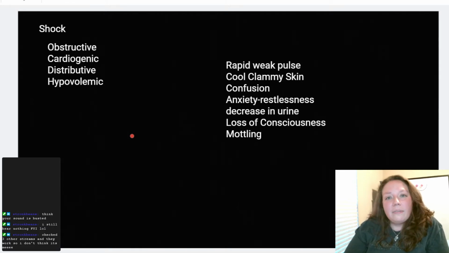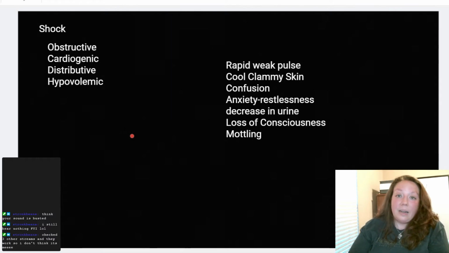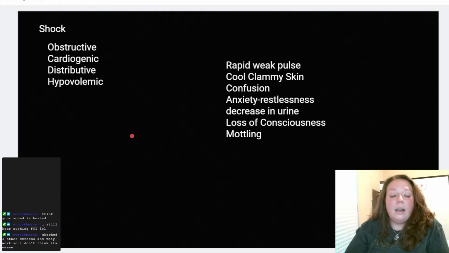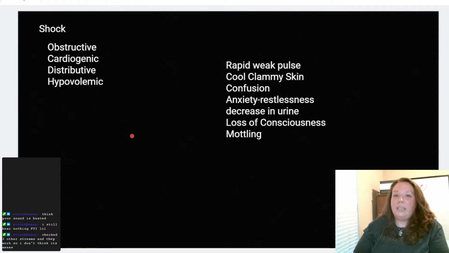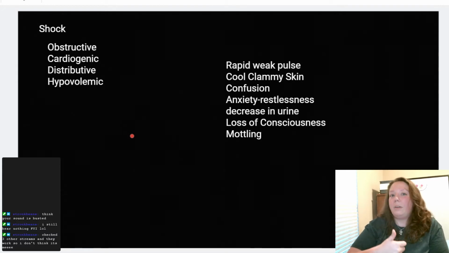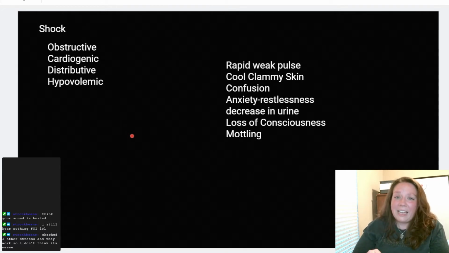So if you don't have good blood flow, you're not going to have good pulses. So your pulses are going to be weak. You may even need to get a Doppler or a device that you can listen to the pulse with to hear the pulse. So weak pulse, it's going to be rapid, mainly because there's a lack of blood flow. Your blood pressure is going to be low. Your heart's going to want to compensate for that by bringing up the heart rate. So it's going to be fast and it's going to be weak.